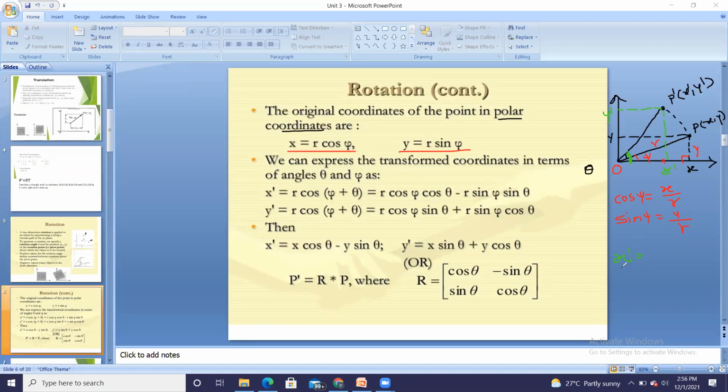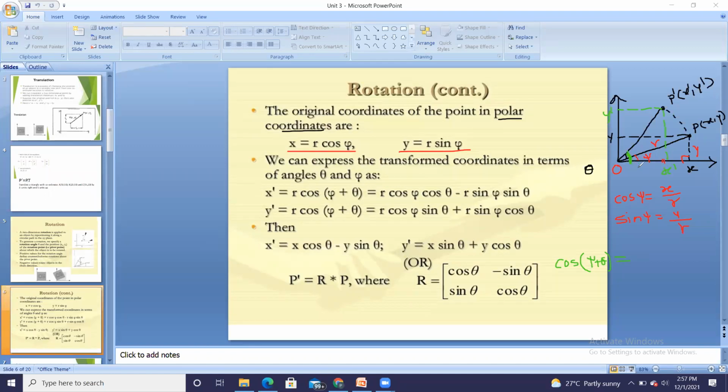So I can say x dash can be calculated in terms of psi plus theta. So I will say cos of psi plus theta. What is cos of psi plus theta? Cos of psi plus theta, that is this angle.